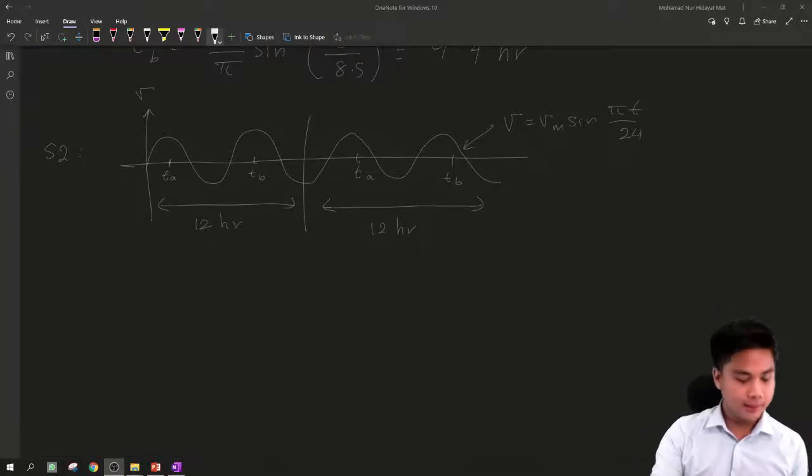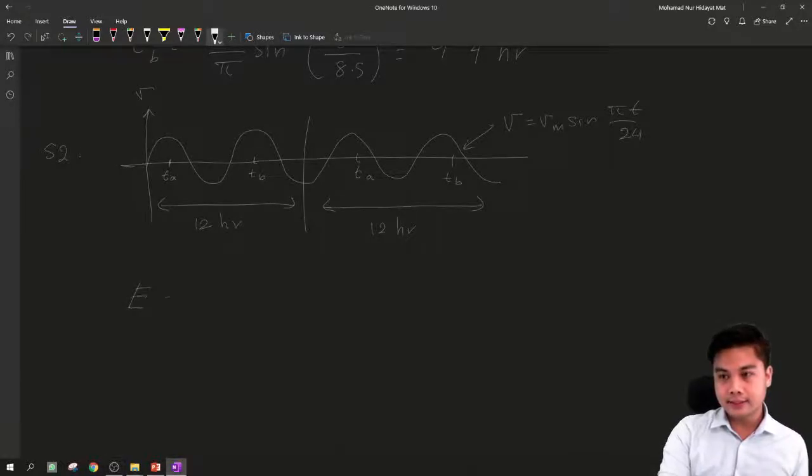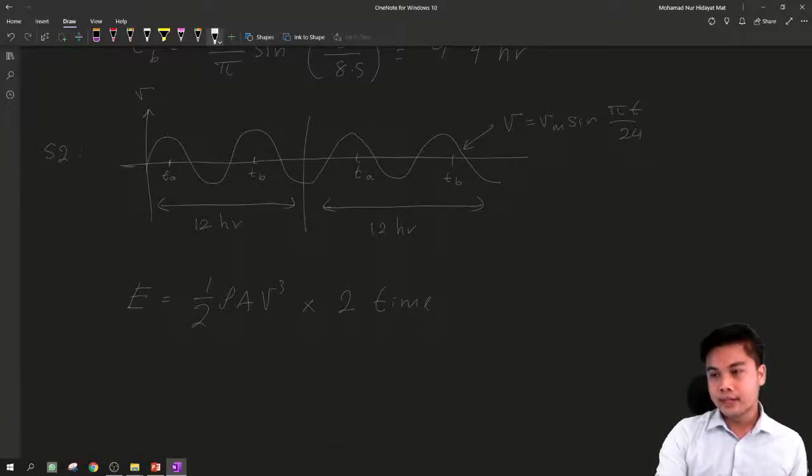Because of the repeating, we can simply say that energy here is equal to 1 over 2, coming from the kinetic energy, 1 over 2 rho A V cubic, multiplied with 2 times for this duration.